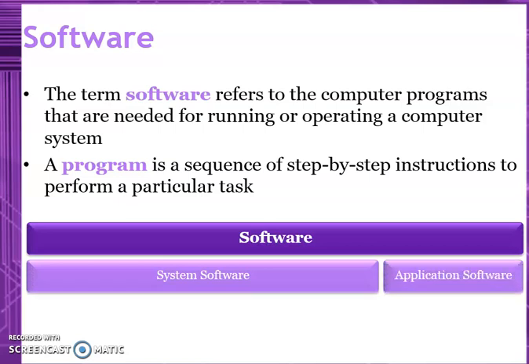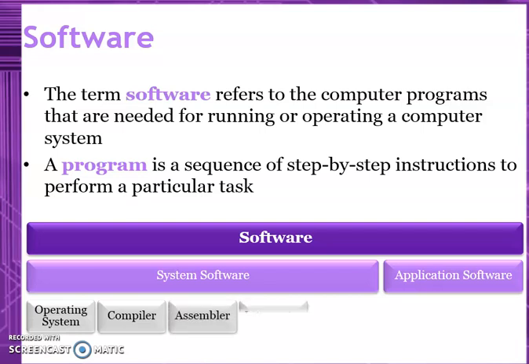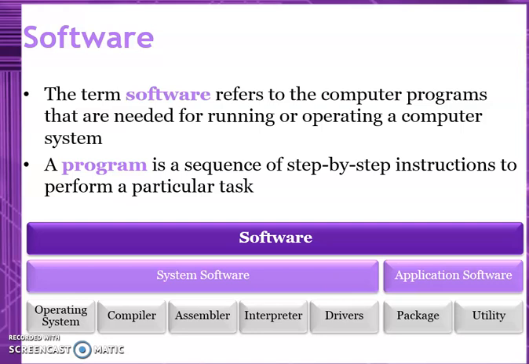In software, there are 2 types: system software and application software. System software has more types like operating system, compiler, assembler, interpreter, and drivers. Application software is package and utility.